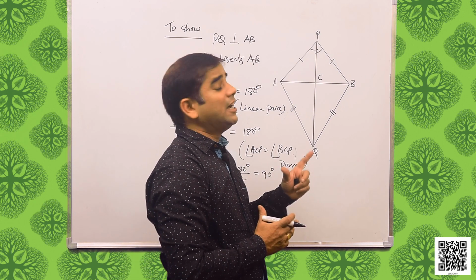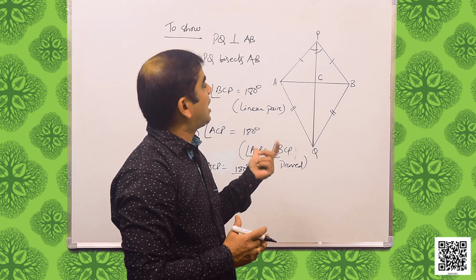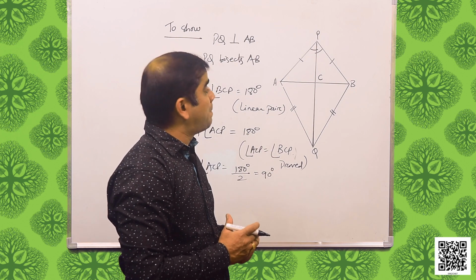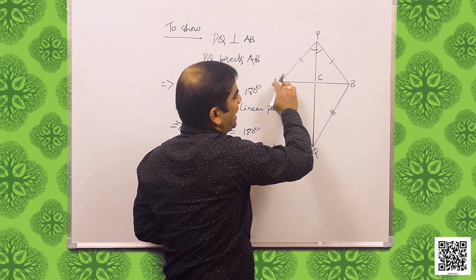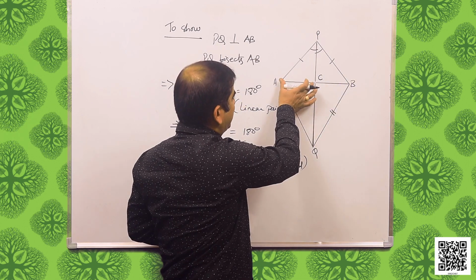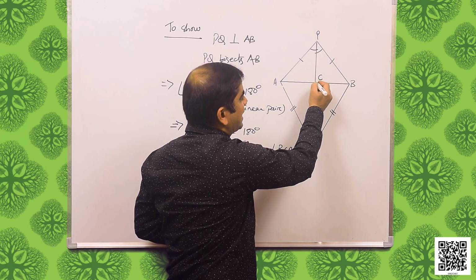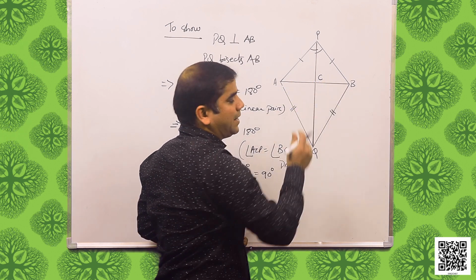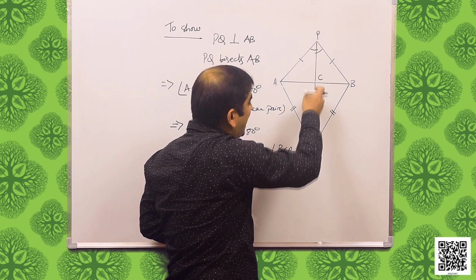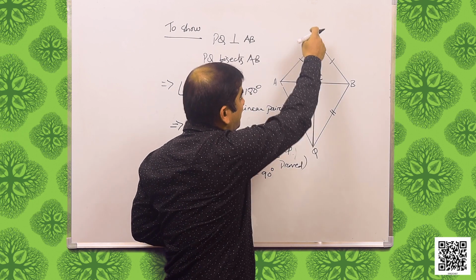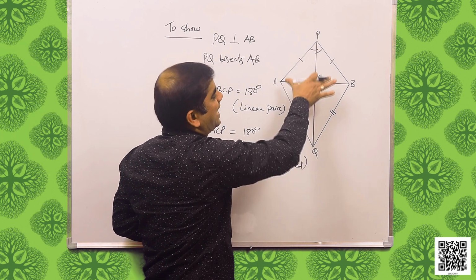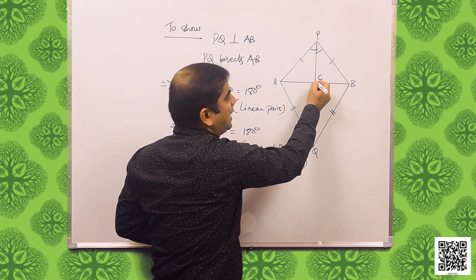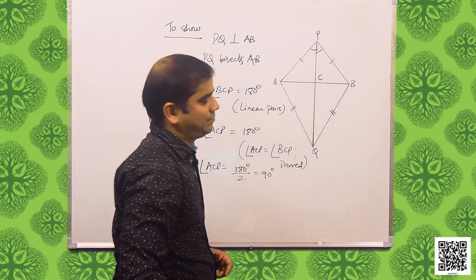A perpendicular bisector is a line perpendicular to another line which bisects the other line. In this case PC is perpendicular to AB, and AC is equal to BC, that means C is the midpoint of AB. When we extend PC, it reaches Q. That means PQ is a line segment which is bisecting AB perpendicularly at point C.